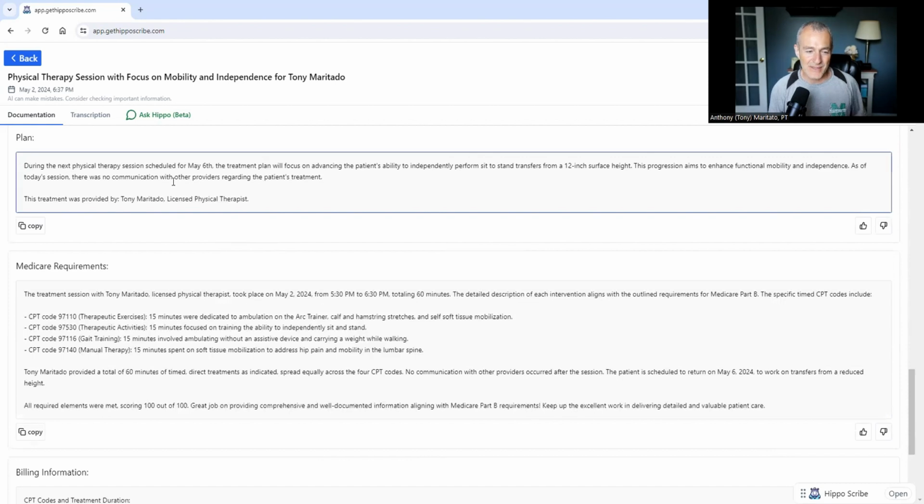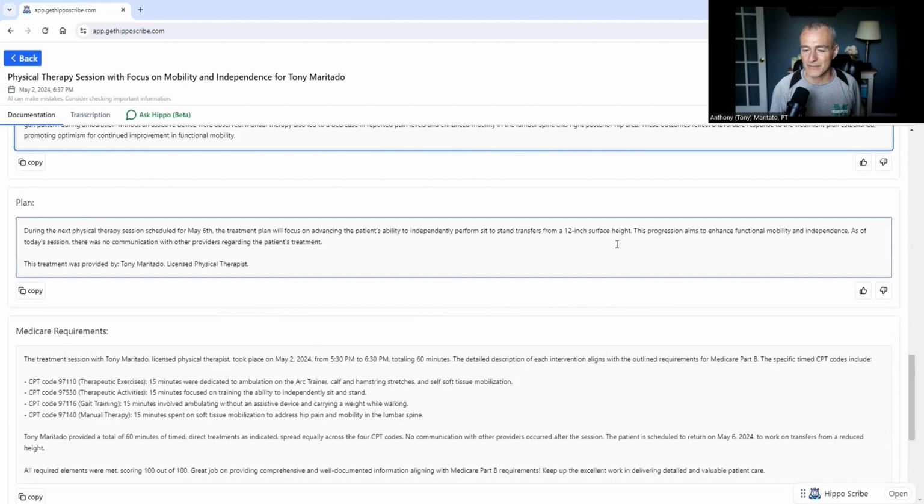Plan: during the next physical therapy session scheduled for May 6th, the treatment plan will focus on advancing the patient's ability to independently perform sit to stand from a 12-inch surface. This progression aims to enhance functional mobility.